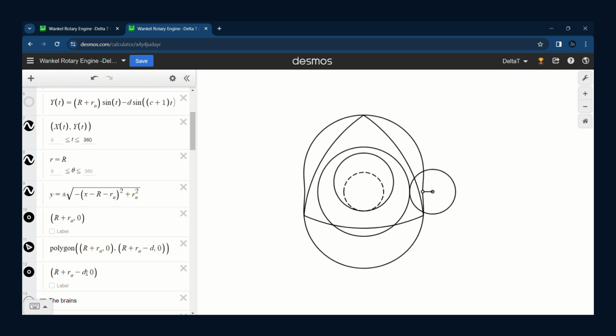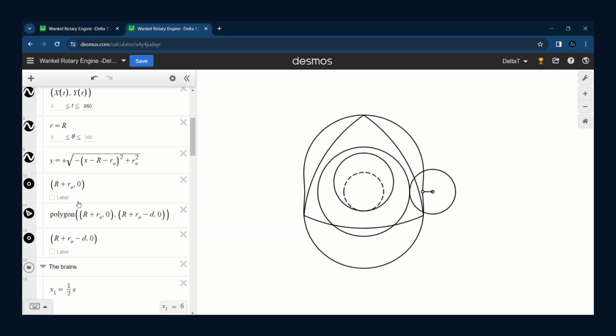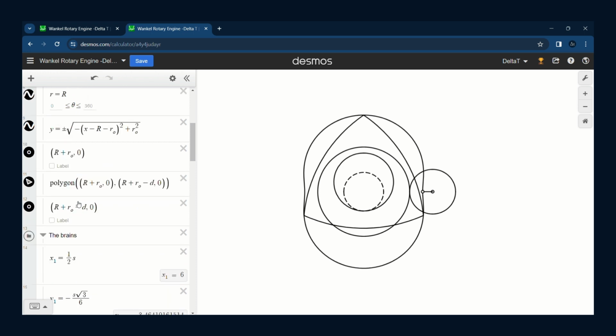And in this case, d, which is the distance from the center to this tracing point, is equal to 1. That's just so that it fulfills these very specific requirements, so that it fits an equilateral triangle perfectly within it.